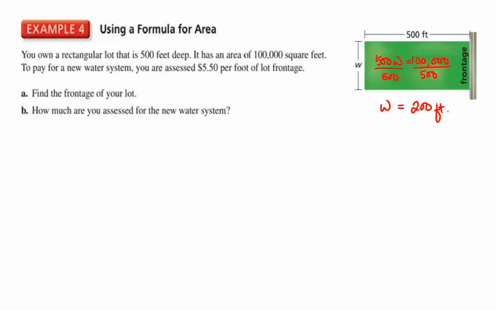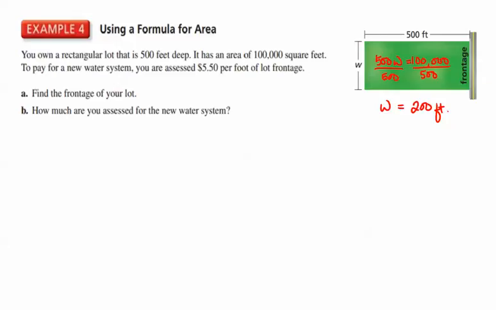But because your property is affected by that, and it needs to pass through your property or bring water to your property, and you're going to benefit from that in some kind of way, you have to pay what's called an assessment. So you're assessed $5.50 per foot of lot frontage.